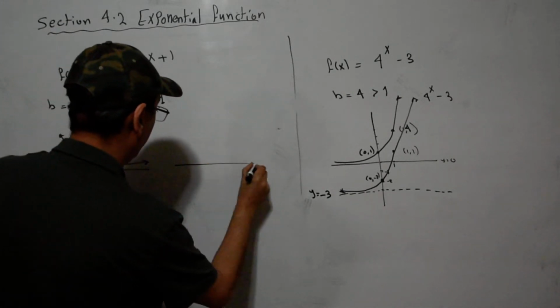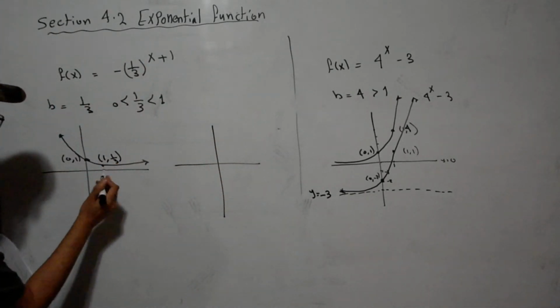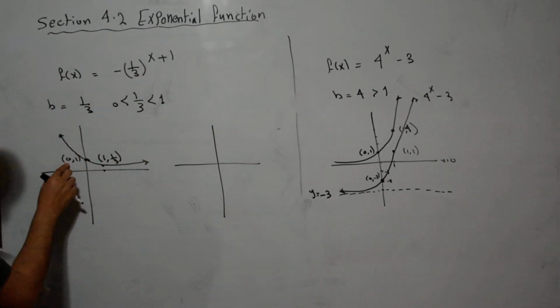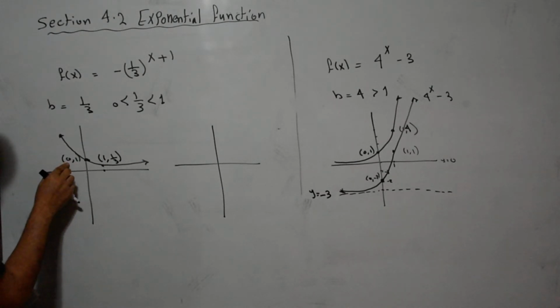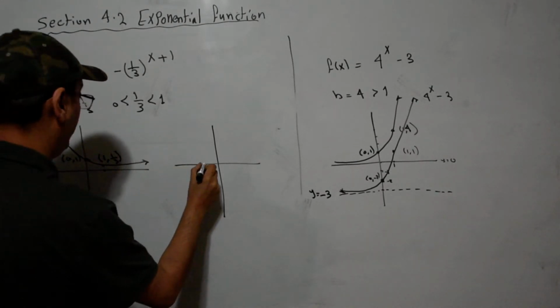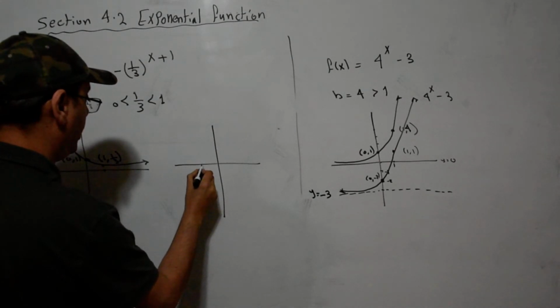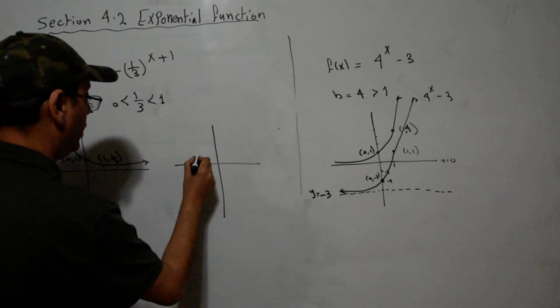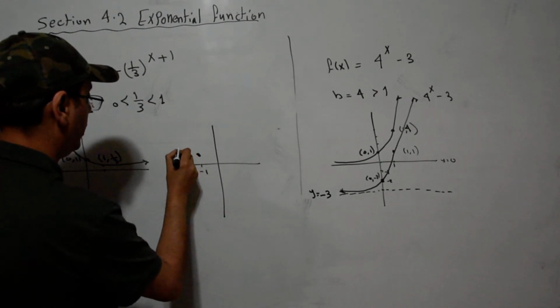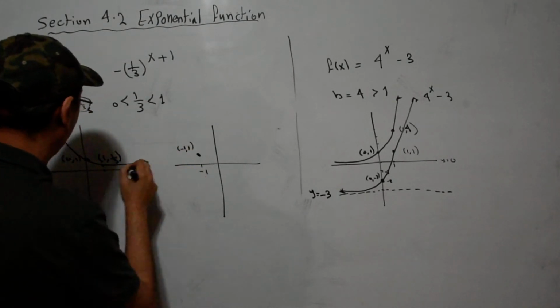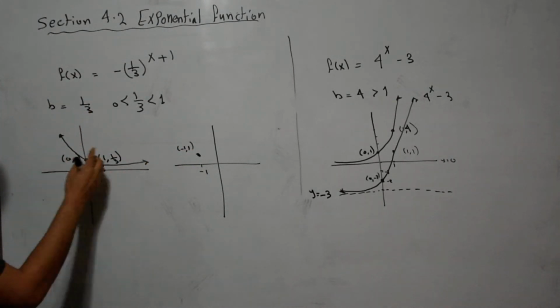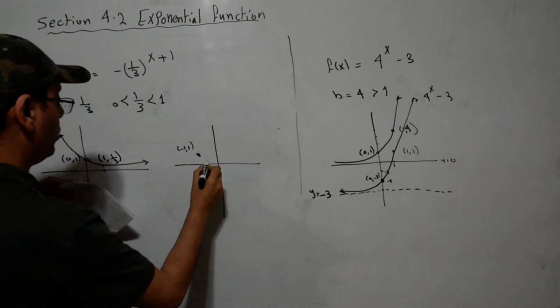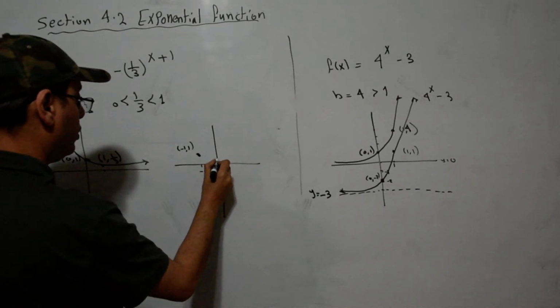So instead of 0 and 1, this is going to be negative 1 and 1. So here is negative 1 and 1. And this one I'm going to shift this way by 1, so I'm going to get 0 and 1/3.